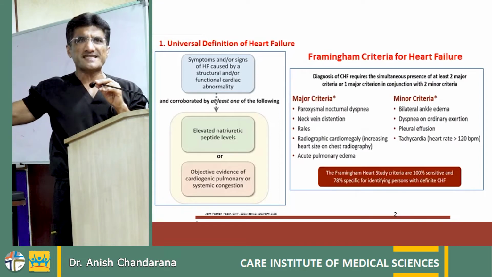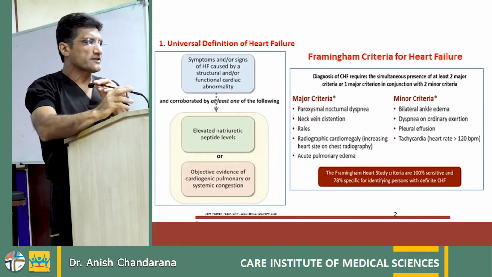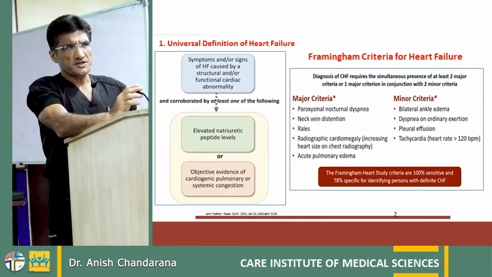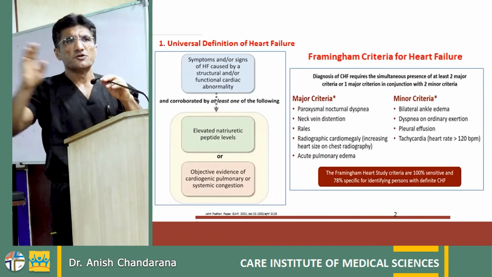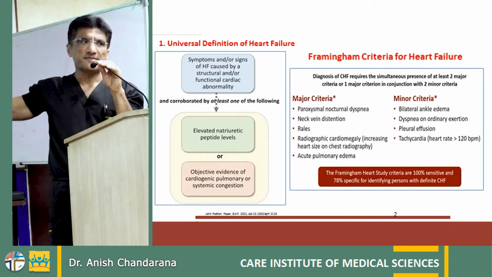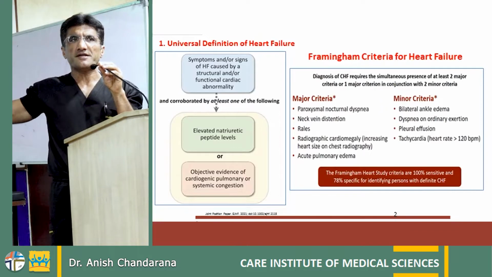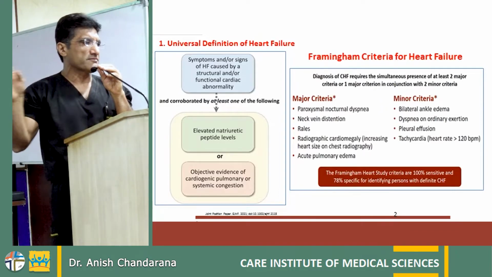Or if you have not sent BNP or NT-proBNP, or if they are normal, we can get certain other objective evidence of cardiogenic, pulmonary or systemic congestion. If the patient has cardiogenic pulmonary congestion, you have to document it through an X-ray or some other test. So basically: signs and symptoms, structural or functional abnormality of the heart, with elevated BNP or with cardiogenic pulmonary or systemic congestion.